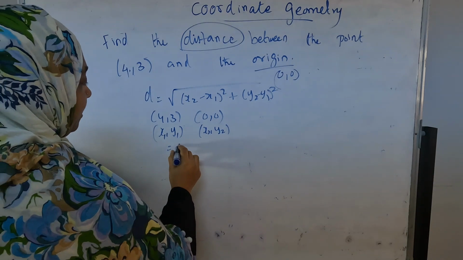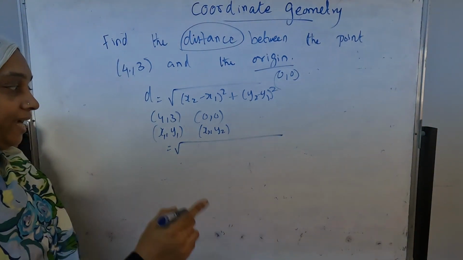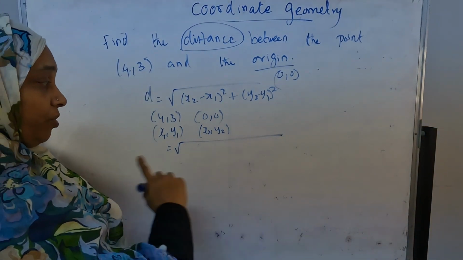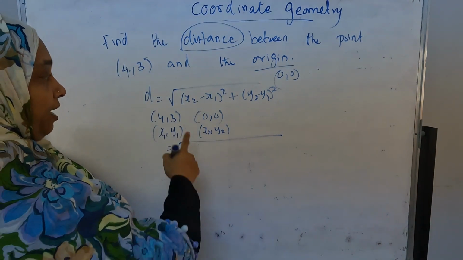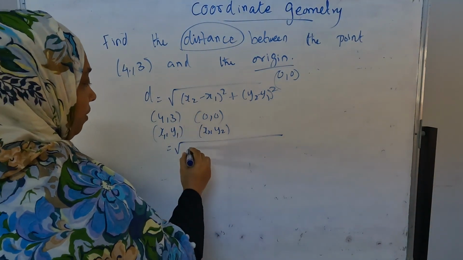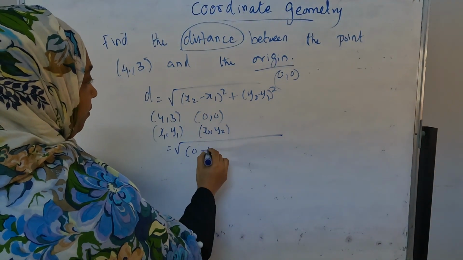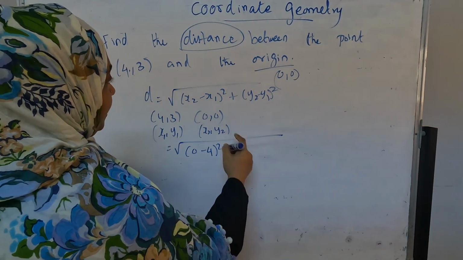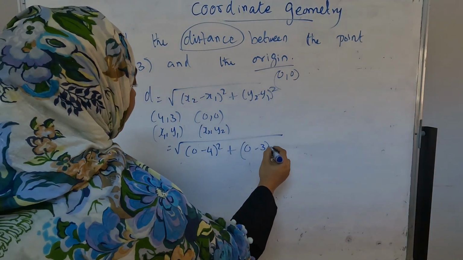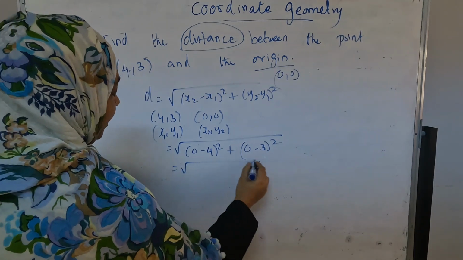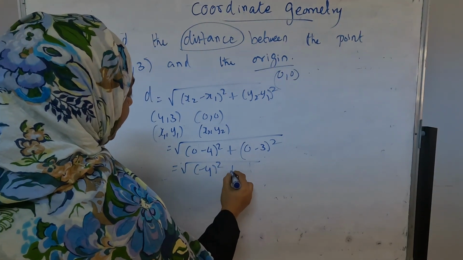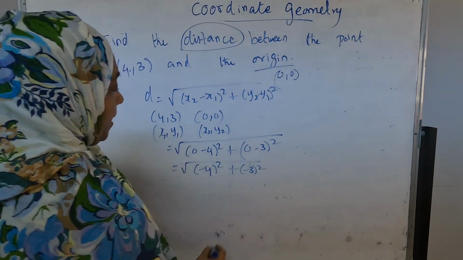Substitute in this location. Again I am telling, don't write as x1, x2. Now you substitute: x2 is 0 minus 4 the whole square plus 0 minus 3 the whole square. It will be (minus 4) the whole square plus (minus 3) the whole square.